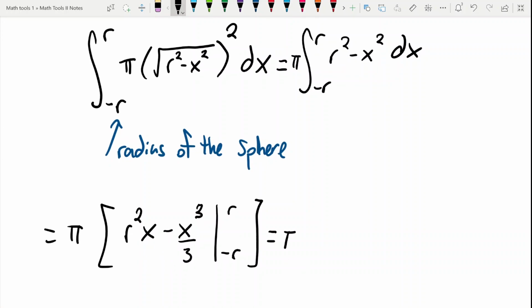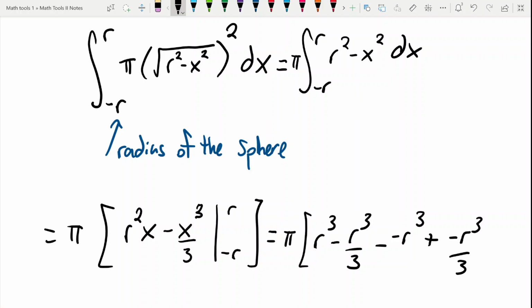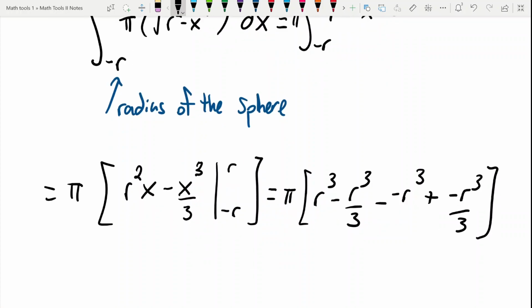Okay, so we get pi times, what's that going to be? r cubed, because we'll have r squared times r, minus r cubed over 3, minus a negative r cubed, plus a negative r cubed over 3. I've got to be really careful with the signs here.